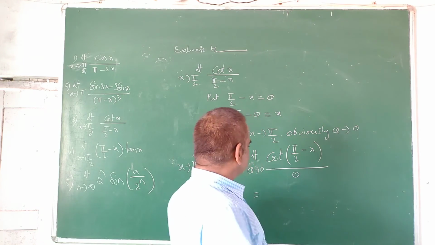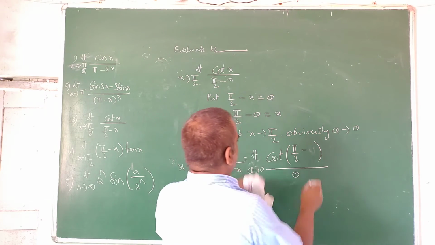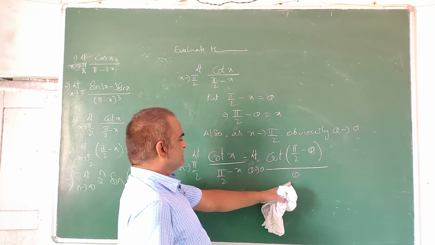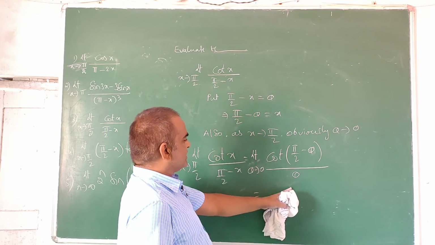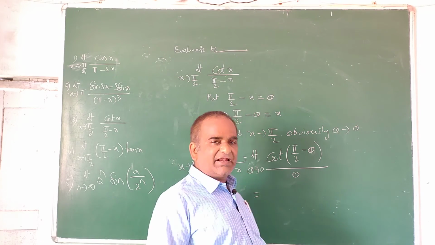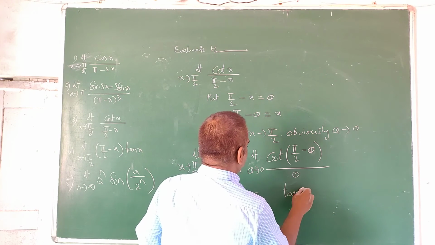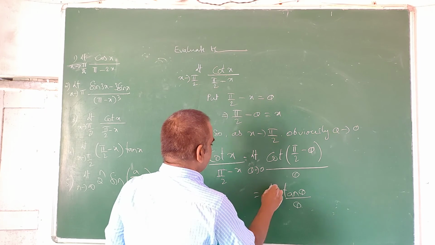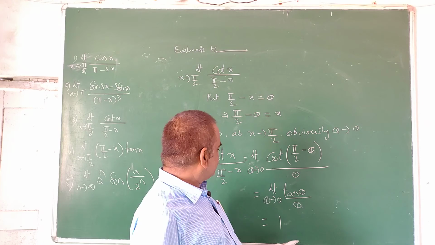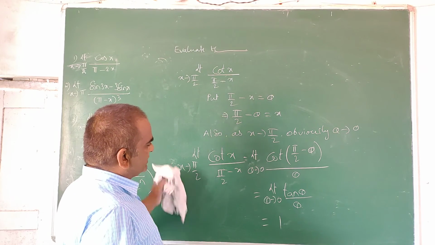Are you following? X is pi by 2 minus theta. Cot pi by 2 minus theta is what? Tan theta. So tan theta by theta, limit theta tends to 0, which is equal to 1. So the answer for this question is 1.